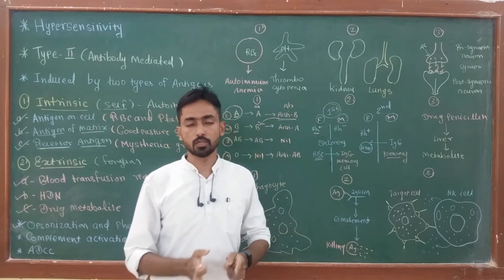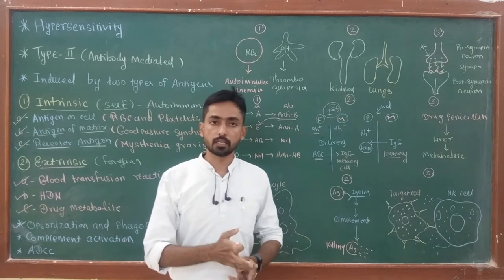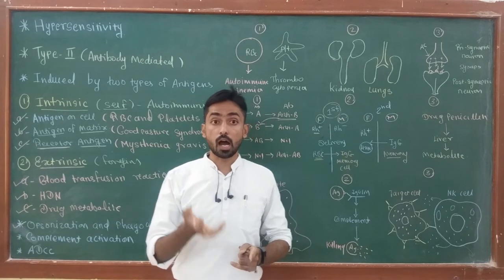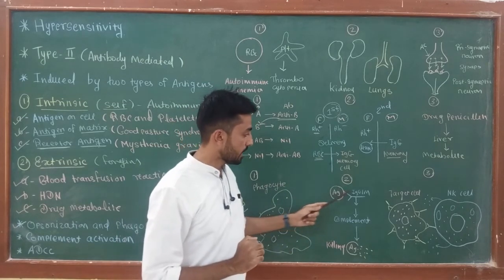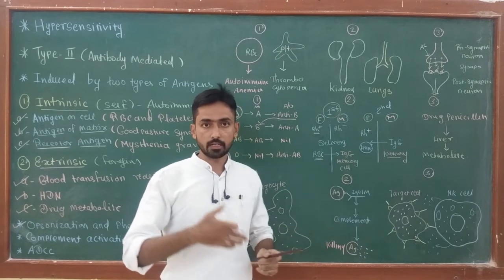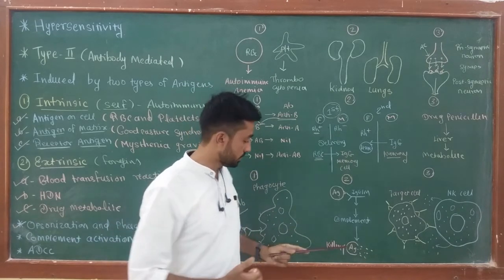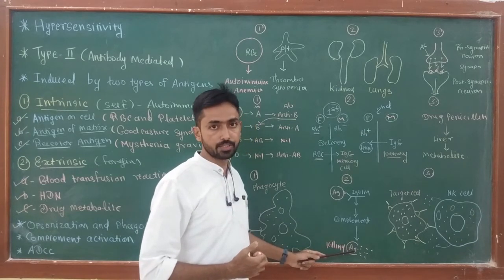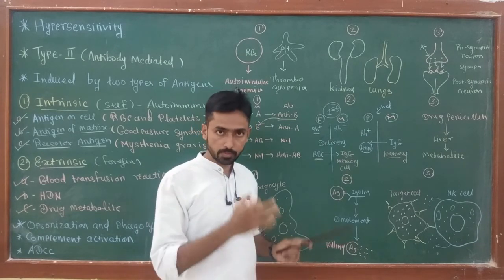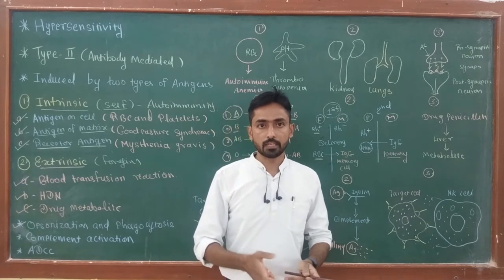There are three important pathways of the complement system: classical, alternative, and lectin pathway, out of which the antigen-antibody complex activates the classical pathway, which ultimately activates complement proteins and finally ends with the killing of the antigen. This is also one of the mechanisms used by the immune system to kill antigen with the help of antibody.